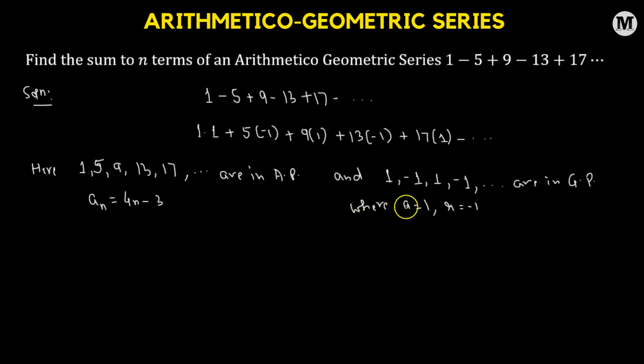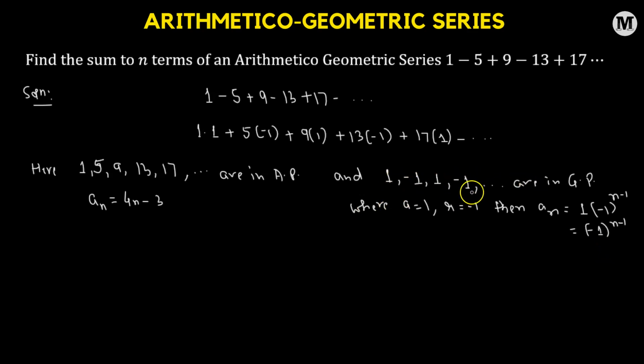Now that we have the first term and the common ratio, we can define the nth term of the geometric progression. That's given by an equals 1, the first term, multiplied by the common ratio, which is -1, raised to the power of n minus 1. In other words, we have -1 raised to the power of n minus 1. This is the nth term of the geometric progression, with terms 1, -1, 1, -1, and so on, an oscillating sequence.